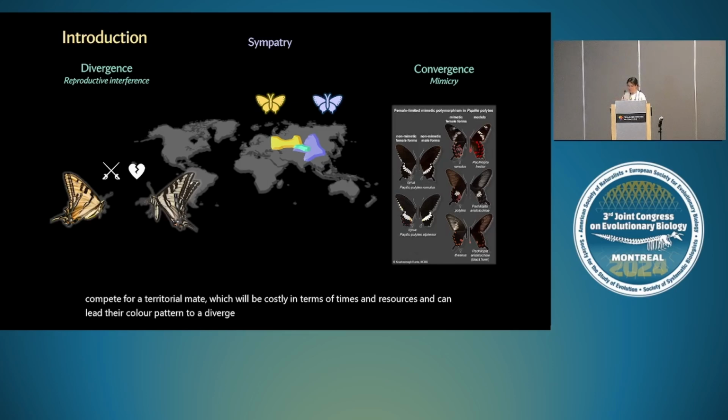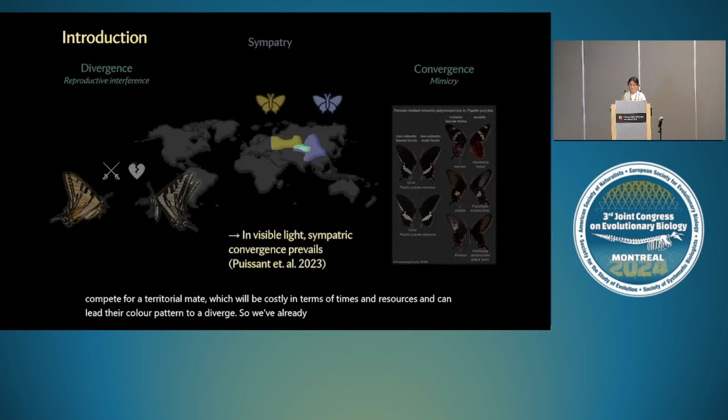We've already looked into the effect of sympatry on convergence and divergence of color pattern in swallowtail butterflies in visible light, and we found that overall there is sympatric convergence at a macroevolutionary scale, but we also found some signal for divergence, restricted to closely related species and especially for males.